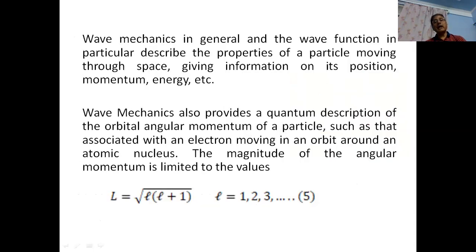Now, wave mechanics in general, and the wave function in particular, describe the properties of a particle moving through space, giving information on its position, momentum and energy. That is, all the information about the particle is given by its wave function. Wave mechanics also provides a quantum description of the orbital angular momentum of a particle, such as that associated with an electron moving in an orbit around an atomic nucleus.